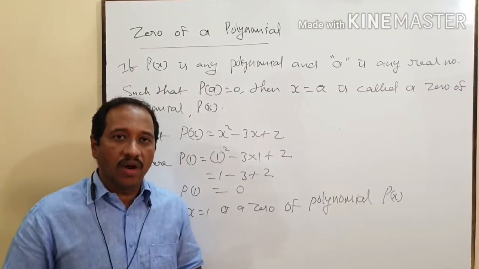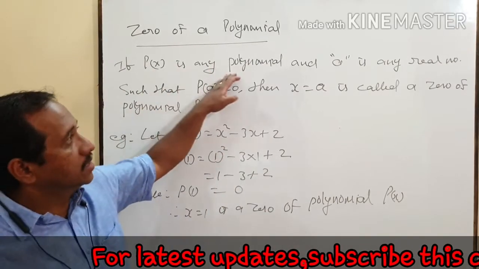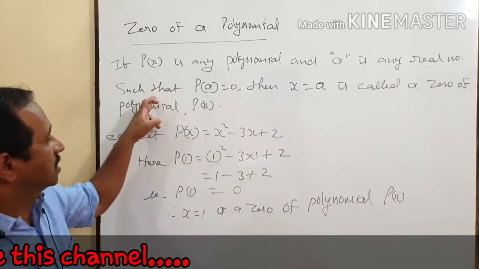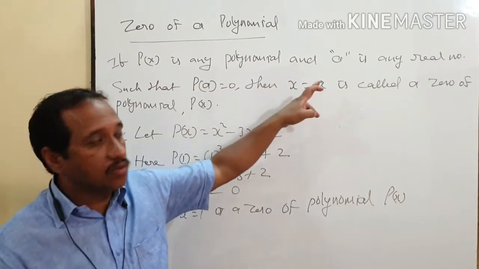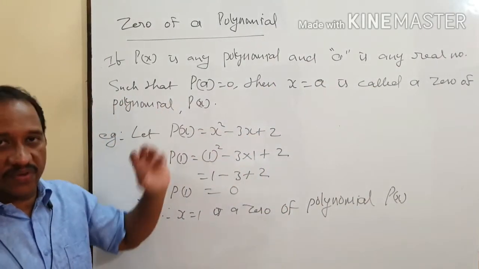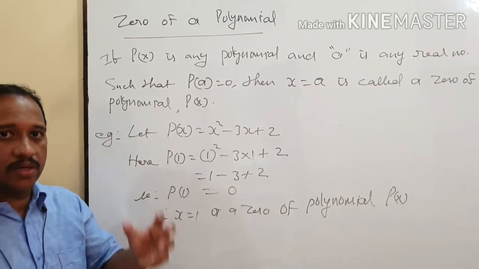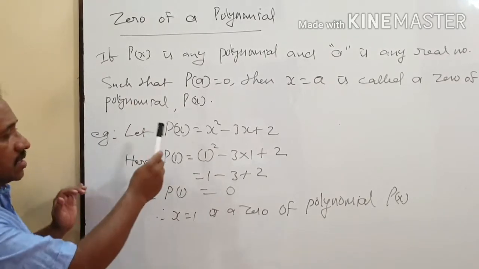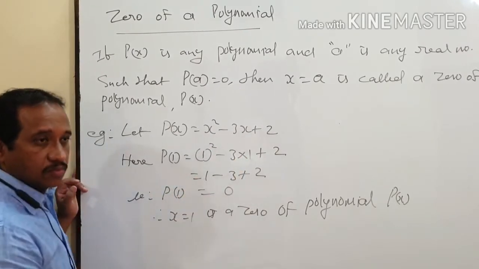Now let us see what is zero of a polynomial. If p of x is any polynomial and a is any real number such that p of a is equal to 0, then x is equal to a is called a zero of polynomial p of x. Let us see an example that will make you clear the concept of a zero of a polynomial. Let a polynomial p of x is equal to x square minus 3x plus 2.